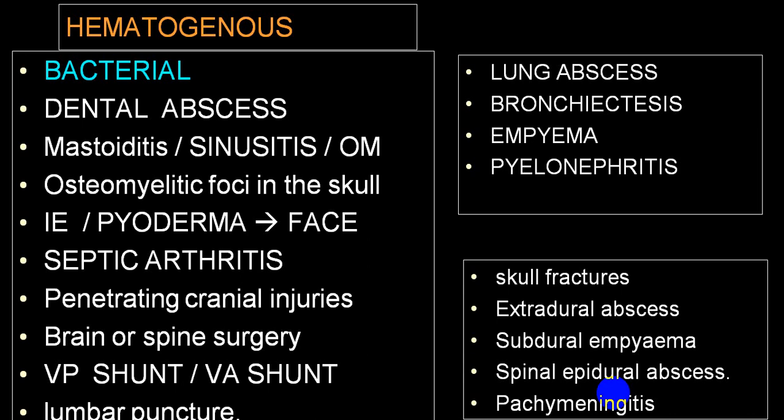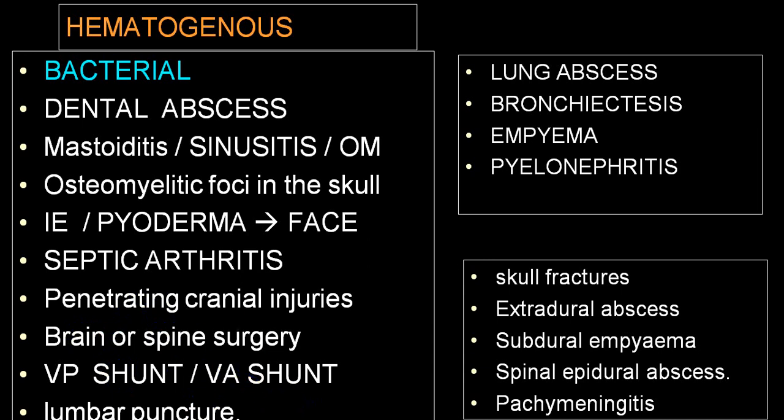Some of the things we are mentioning in general, but bacterial infection will be hematogenous spread from dental abscess, mastoiditis, sinusitis, otitis media, osteomyelitis, infective endocarditis, pyoderma, septic arthritis, penetrating cranial injuries, spine surgery, brain surgery, VP shunts, VA shunt, lumbar puncture, cisternal puncture, or fontanelle puncture, etc. All this can introduce infection from outside.